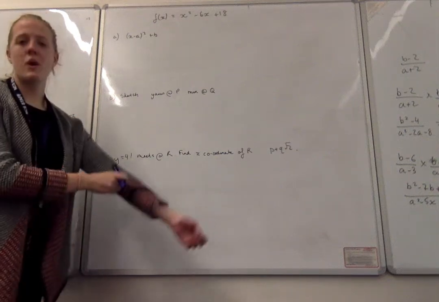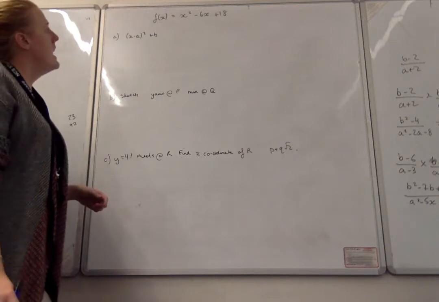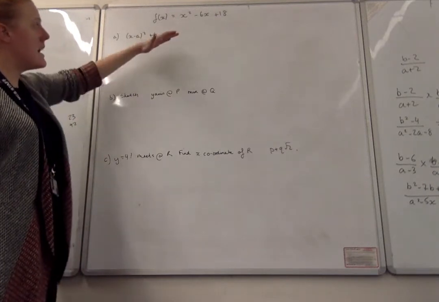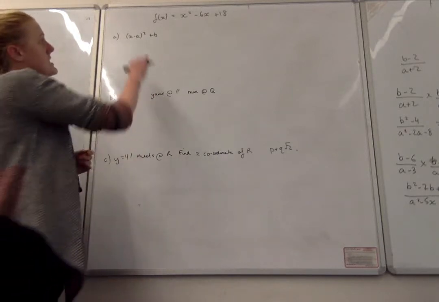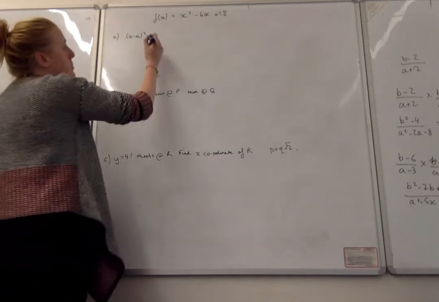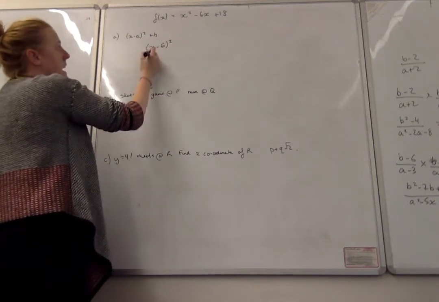Okay, so this is question 3 from the core section of the homework. It has split into 3 parts, and the first part has asked me just to simply put this in completing the square format. So I'm going to half the coefficient of x, square it.